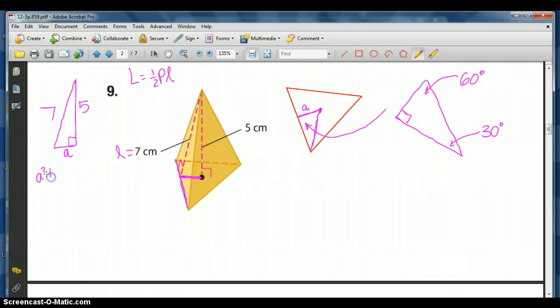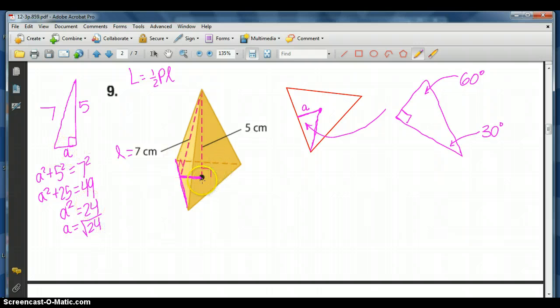So A squared plus 5 squared equals 7 squared. And therefore A is the square root of 24.